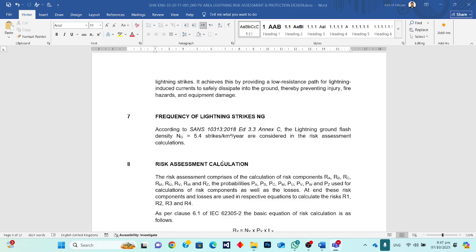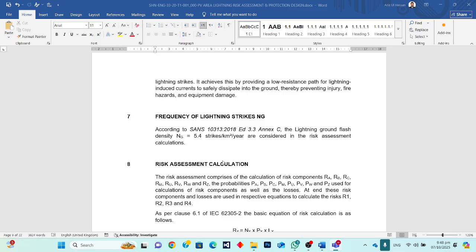Basically, in the area where I have calculated this risk assessment, the NG value, lightning ground flash density value, is 5.4. But for the other countries, we have to check again. I will search what local standard will give us this value, or which IEC standard will refer to that. I will check again and will tell you in the upcoming classes.